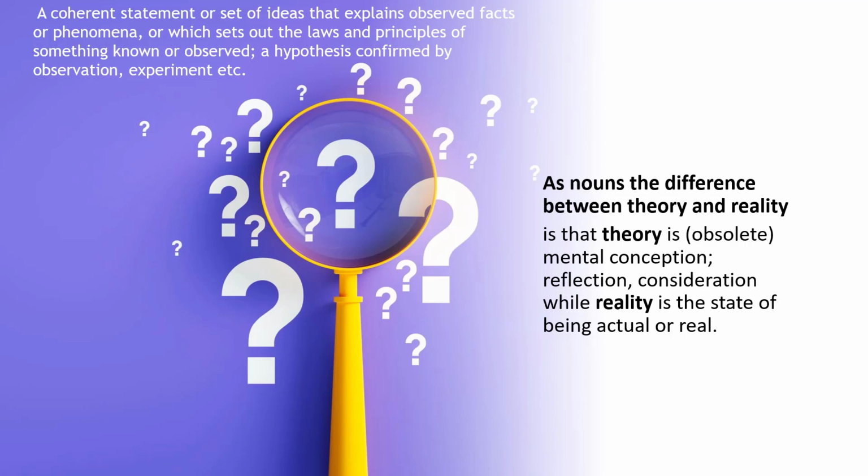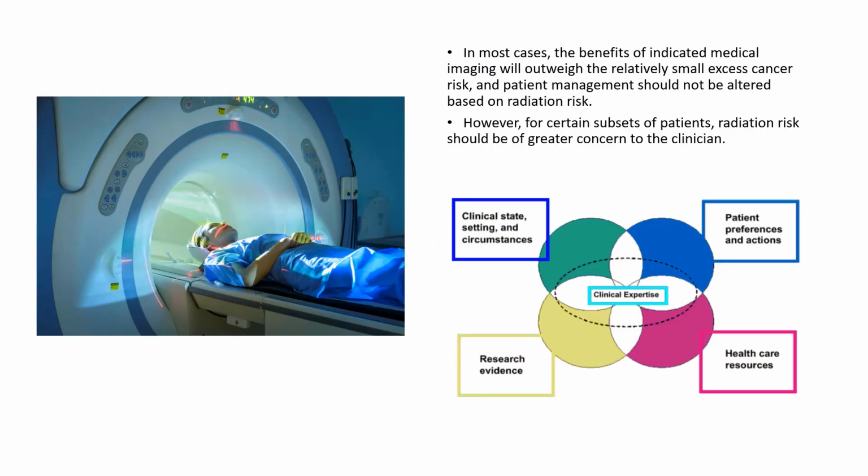In theory, the use of ionizing radiation should be standardized, and the licensure of people that utilize equipment that creates ionizing radiation should be standardized. In reality, they are not standardized.